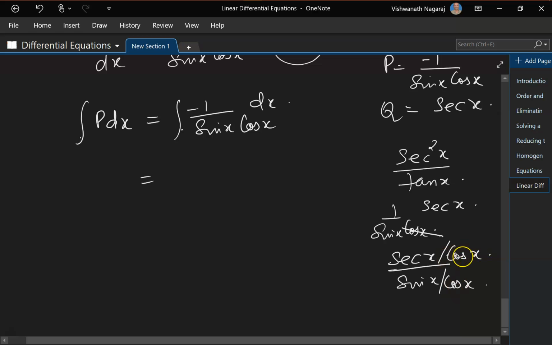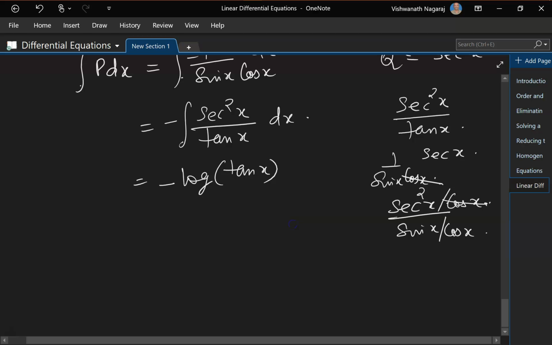So 1 by cos x is what? Sec x. So sec square x. This is nothing but tan x. So which means minus integral of, we can rewrite this as sec square x by tan x dx, which is equal to minus log of tan x. Okay, now this is p dx.